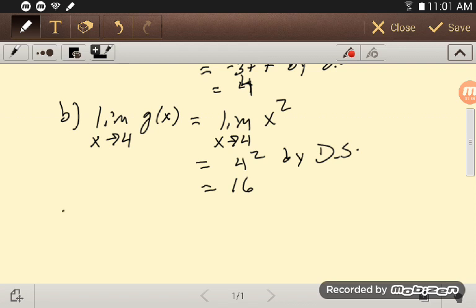Okay, and C, we want the limit as x goes to -3 of g of f of x.